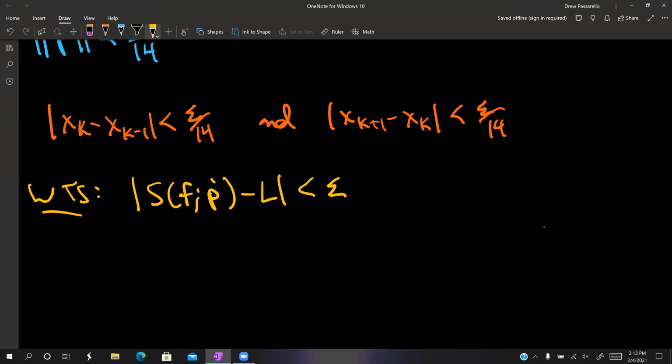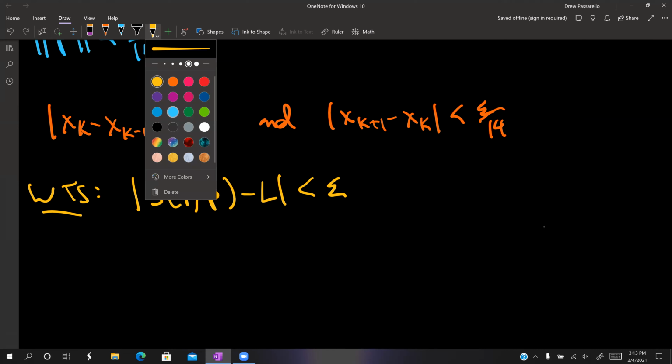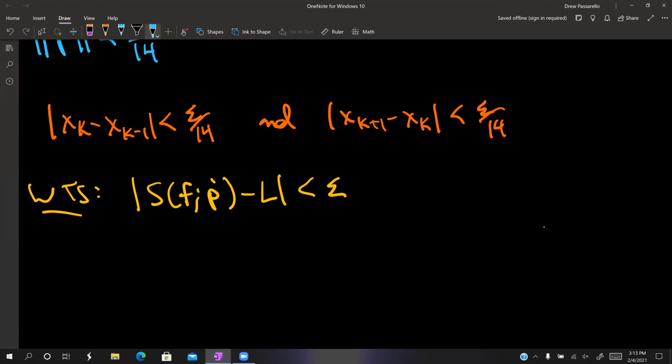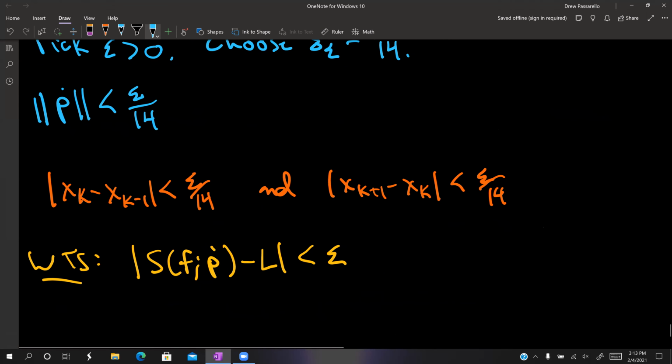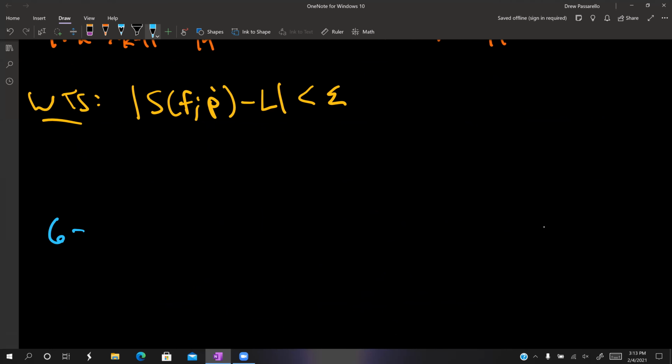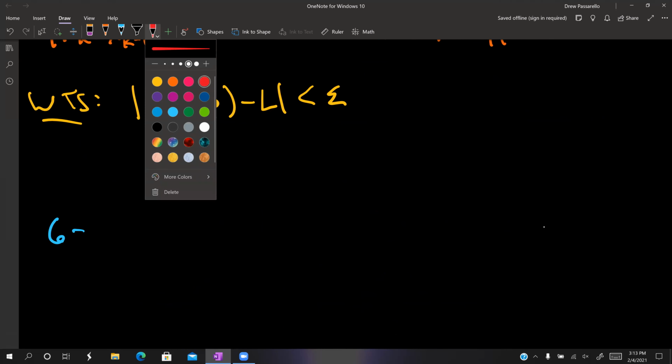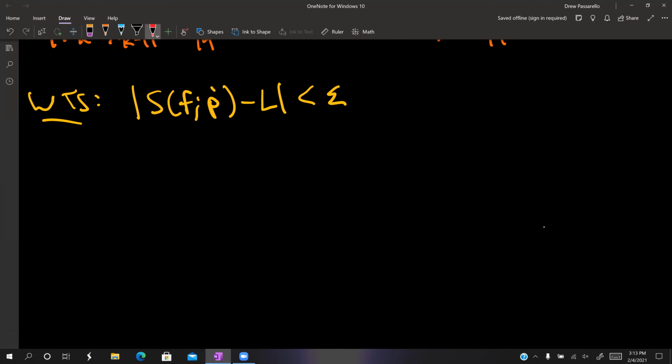Okay, well now L is 6, and then my sum, and we'll show that we'll eventually get to this. So this sum part right here, 6 minus 7 times that length times the other one, it's actually going to be greater than the length of, so when I do 6 minus epsilon over 14 minus another epsilon over 14, that's less than, so 7 times that, sorry. Back up again.